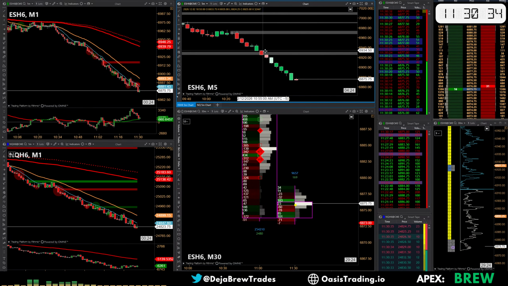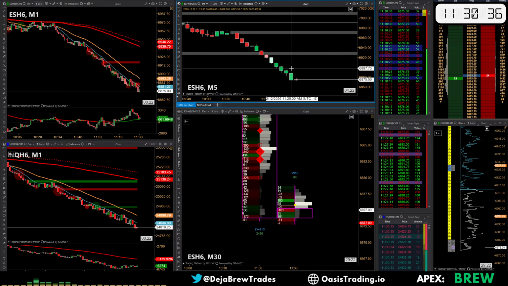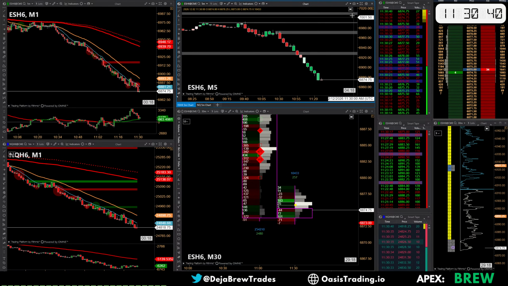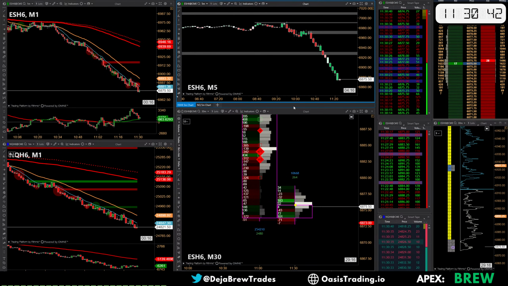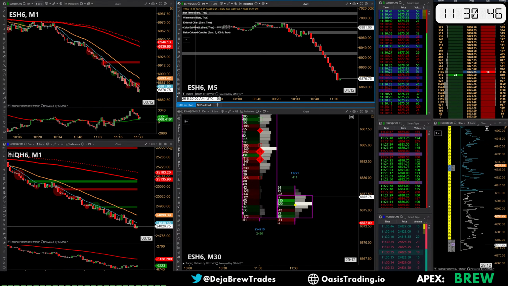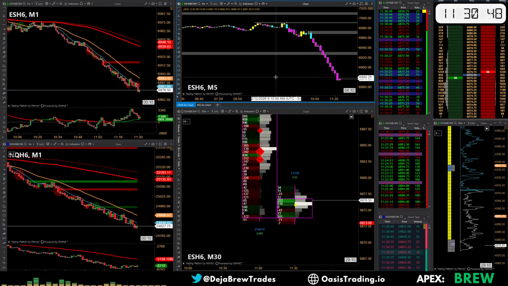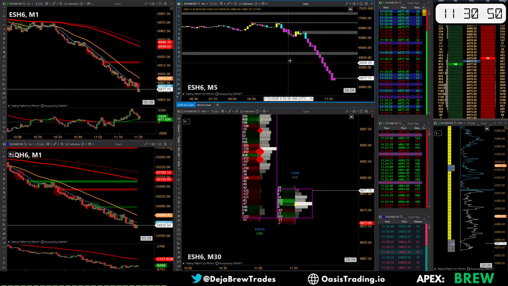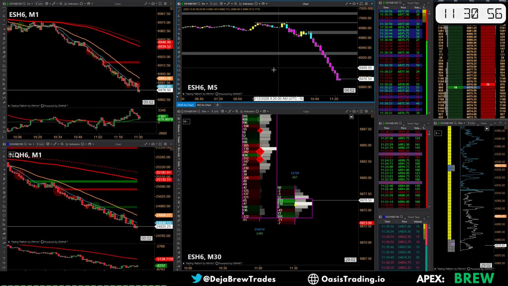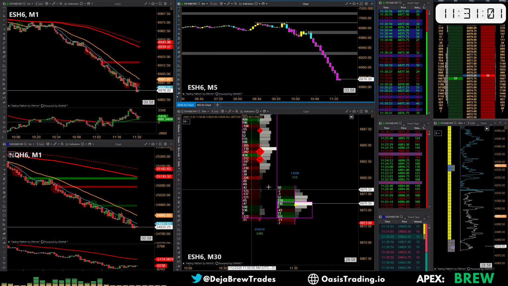Protected, lost the low. Rinse and repeat every single time. Protected, lost the low. If I turned on my colors here, there you go. So purple means that you're protecting the high, losing the low. That's why these are purple here as well.